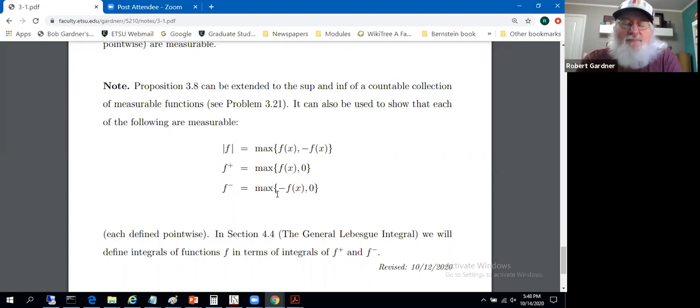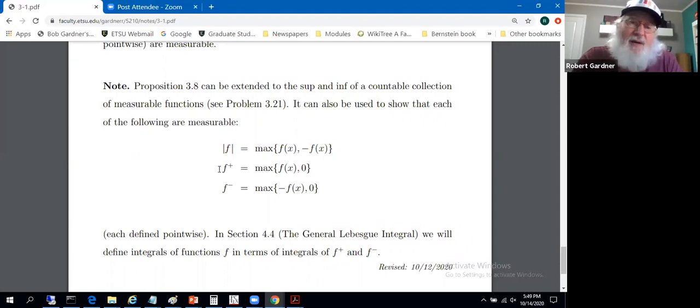So what you're keeping is the values where the function was negative, but it's spitting out positive values. So this is weird. The positive part of a function is positive. The negative part of a function is also positive. The geometry's there. You've kept the values where the function was negative, but you've changed them to make them positive.